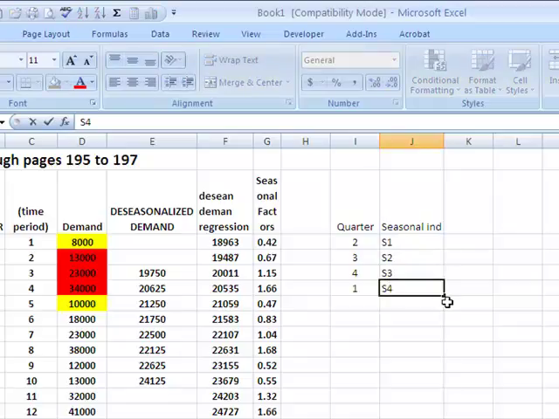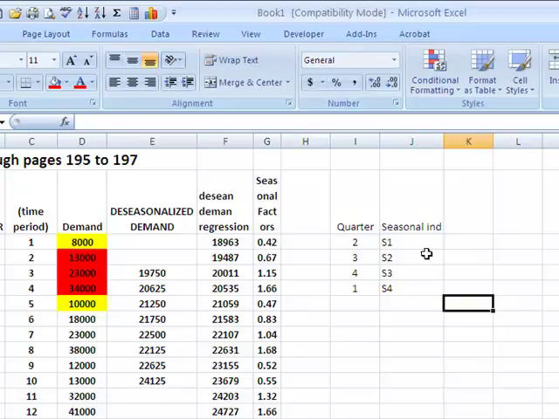I'm going to stick with that same notation so that I'm not confusing anyone. If it were me, I would say this is S2, the seasonal index for quarter 2, and this would be S3 for quarter 3. But your book uses this notation, so I'm going to stick with it.